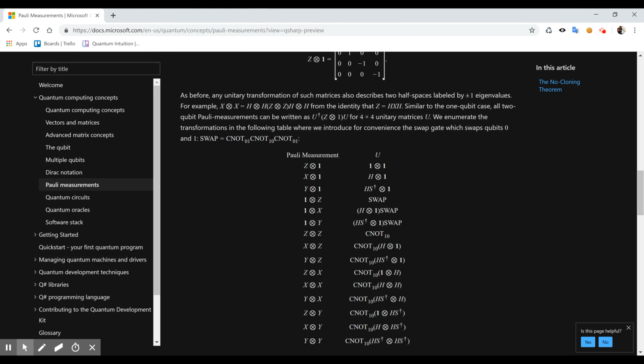All 2 qubit Pauli measurements can be written this way for the 4x4 unitary matrices U. We enumerate the transformations in the following table, where we introduce, for convenience, the swap gate, which swaps qubits 0 and 1. The swap is the control knot between 0 and 1, the control knot between 1 and 0, and the control knot between 0 and 1. And that kind of swaps the qubits.